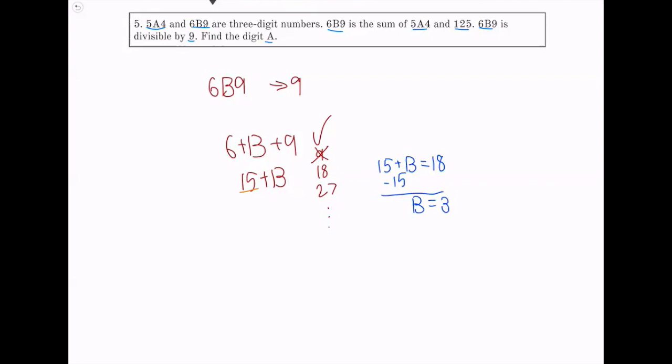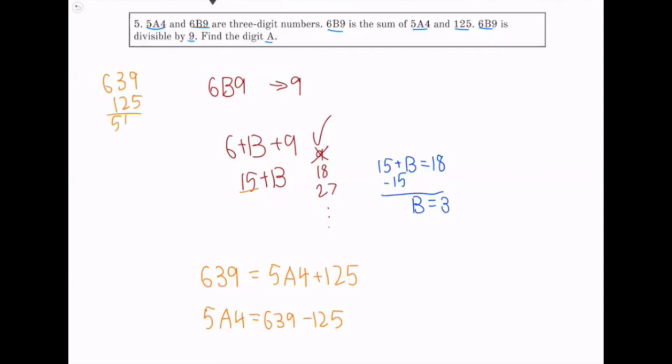Now how can we find the value of a? So now we have b is 3, so 639 is equal to 5a4 plus 125. This means 5a4 is 639 minus 125. And what is 639 minus 125? That's just 514.